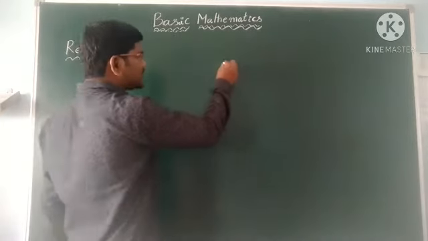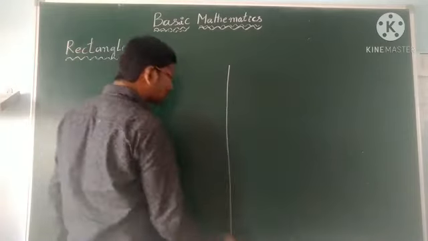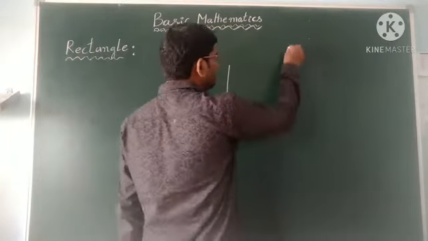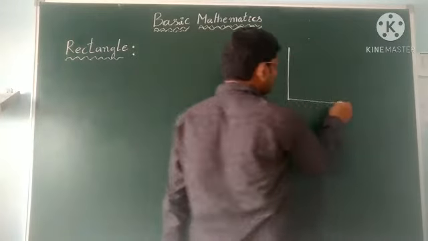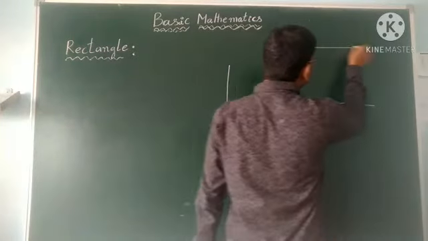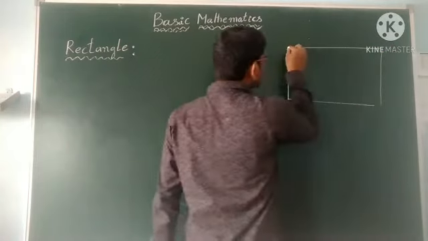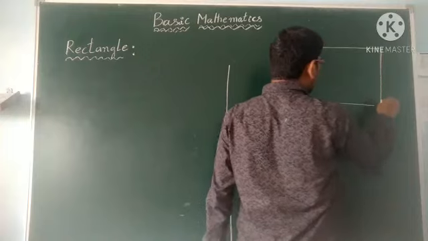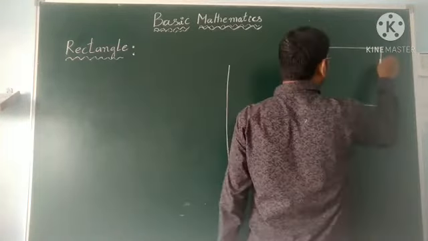Now we want to discuss the properties of the rectangle. See students, so I am taking a rectangle. So I am taking a four-sided irregular polygon.